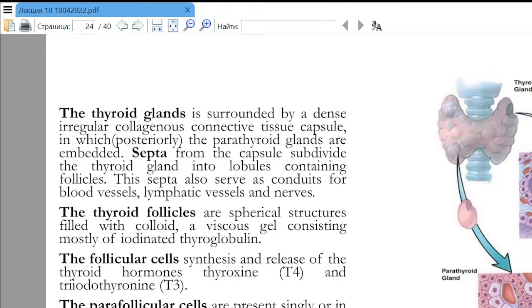The thyroid follicles are spherical structures filled with colloid, a viscous gel consisting mostly of iodinated thyroglobulin.